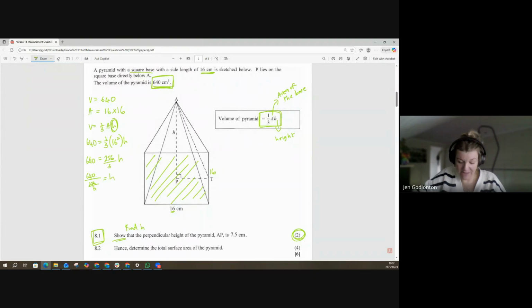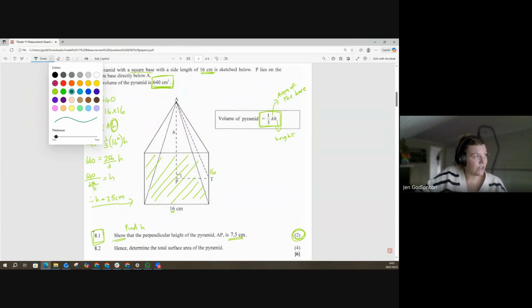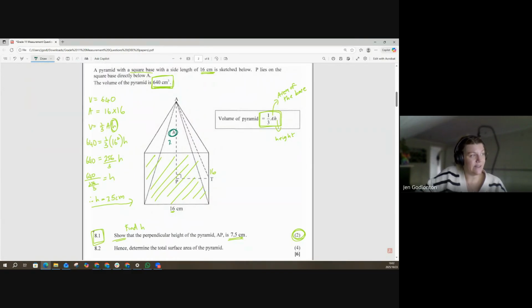And that's going to give me H. And that gives me 7.5 centimeters, which is what we should get, which means we know we are correct. And now we know that H is 7.5.